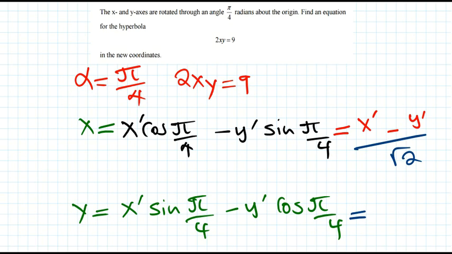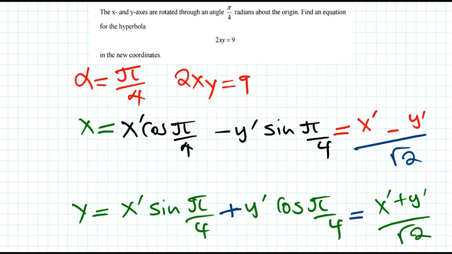So here the sign is supposed to be positive, I beg your pardon. So we're going to have x prime over root of 2 as well, plus y prime over root of 2. We can also combine them with a common denominator, which is just the same. Okay, so now we've simplified, we've expressed our x in terms of x prime and y prime. Okay, that's the first step that we needed to make.